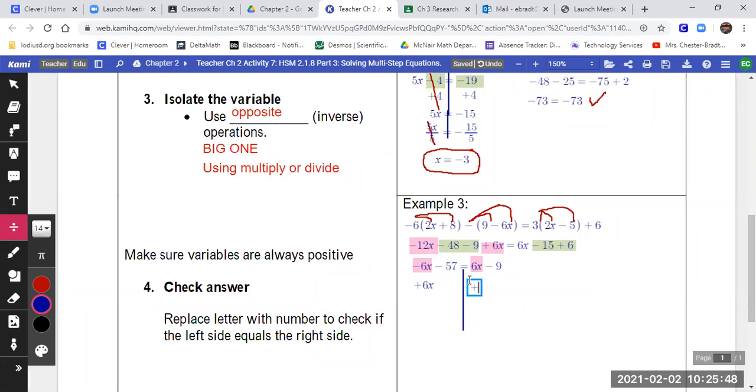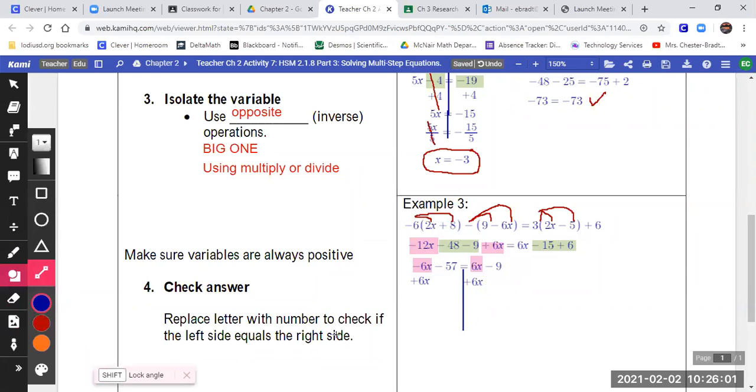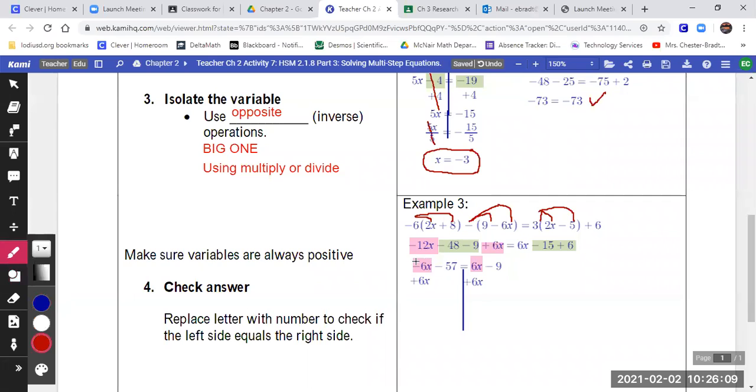Whatever we do on the left, we must do on the right. It makes a big zero on the left. The x's are now gone. What is still there? Once the x goes from the left-hand side, what's still there though?